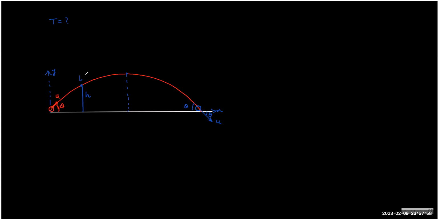Let's call it t. So in time t, how much will go up? u sin theta t minus half g t squared. This will take you up, but gravity will bring you down. And the net should be h.